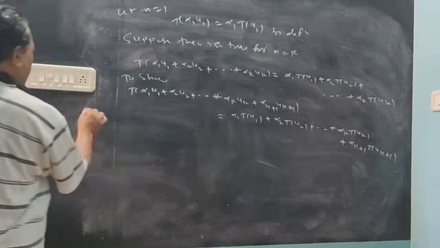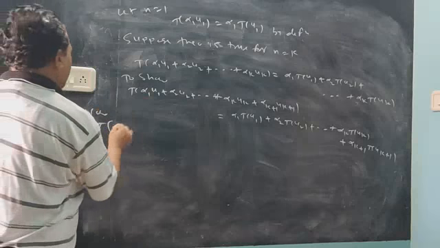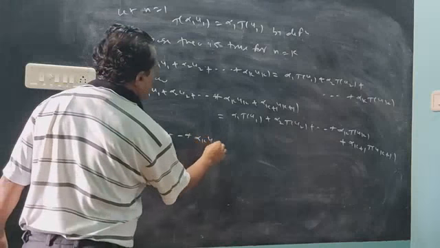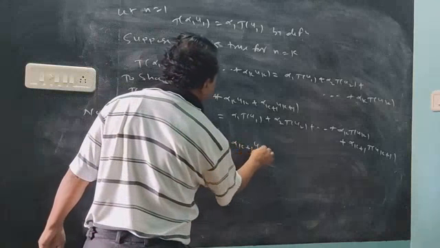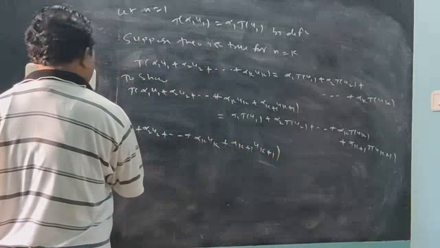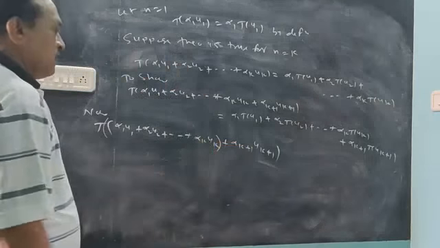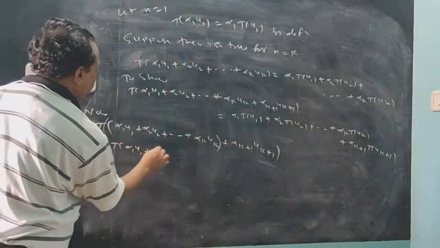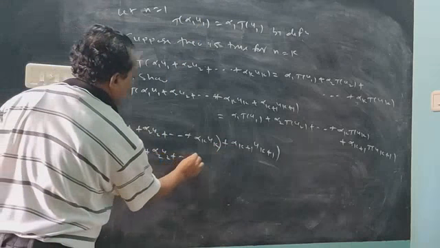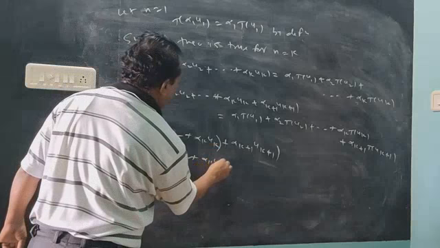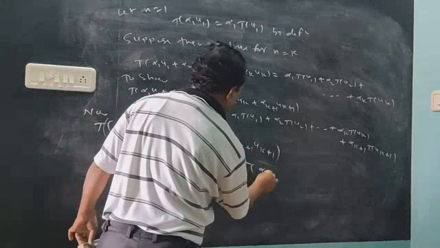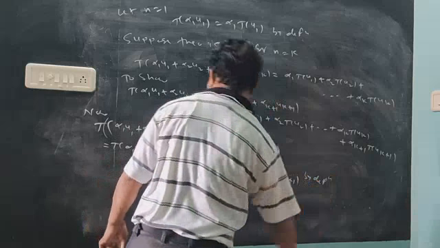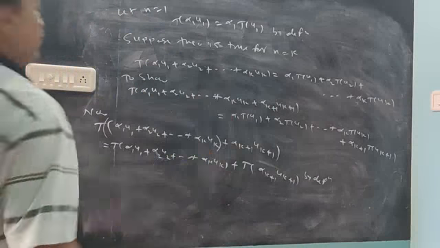Okay, take this. T of alpha 1 u1 plus alpha 2 u2 up to alpha k uk plus alpha k plus 1 uk plus 1. We break this part up to k. So this is T of the first part, alpha 1 u1 plus alpha 2 u2 up to alpha k uk, plus T of the second, by the definition: T of u plus v is T of u plus T of v.